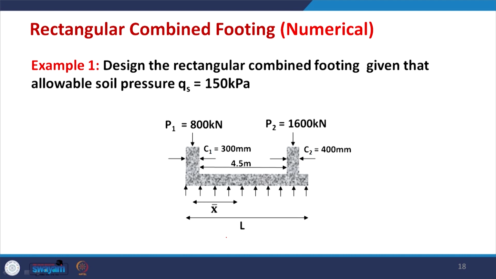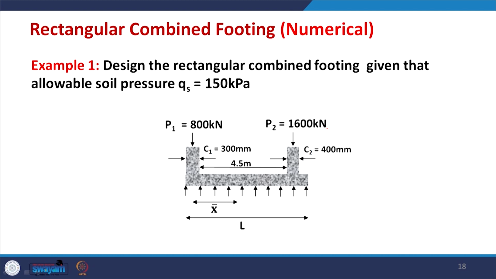The first numerical example is on rectangular combined footings, where you have 2 columns. Column 1 carries a load P1 equal to 800 kilonewton, and the other column P2 carries a load of 1600 kilonewton. Here you could see that there is a space limitation on the first column.